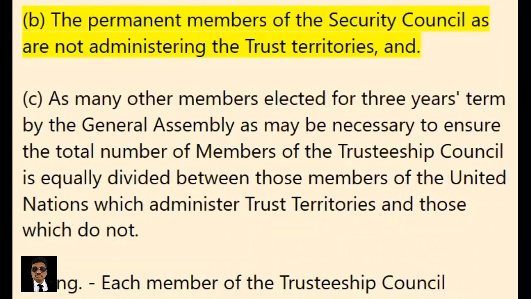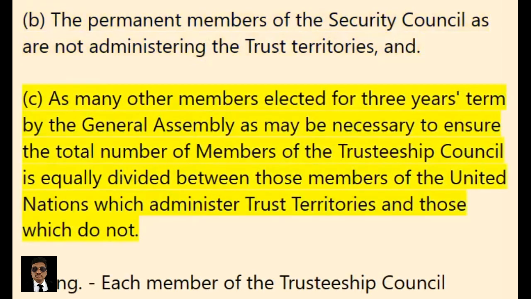B. The permanent members of the Security Council as are not administering the trust territories, and C. As many other members elected for 3 years term by the General Assembly as may be necessary to ensure the total number of members of the Trusteeship Council is equally divided between those members of the United Nations which administer trust territories and those which do not.